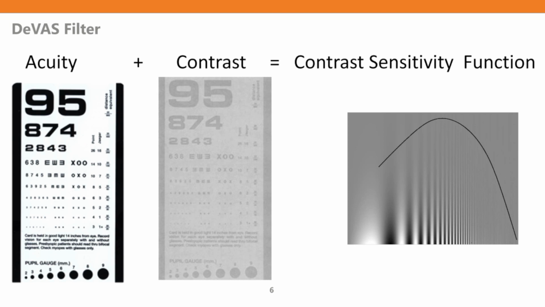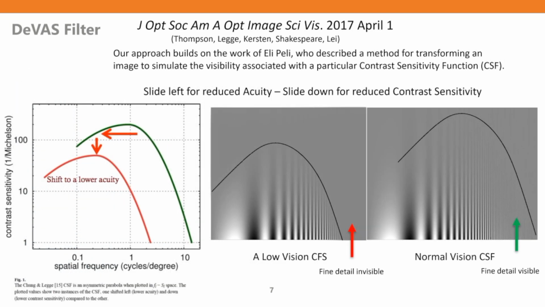So just a little precursor. We see by acuity and contrast, there are two main factors, right? And those end up in a contrast sensitivity curve, which I can't go into today because my 9 minutes are remaining. But basically, we worked on the work of Eli Peli. We built filters that would match various visual acuities by studying people.